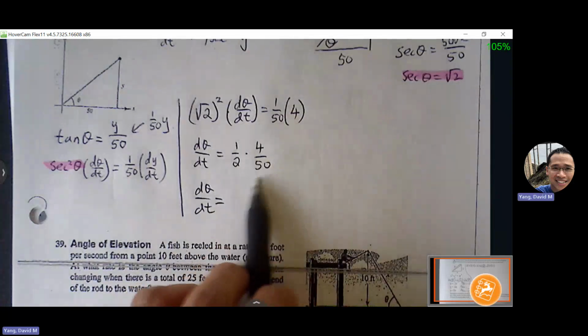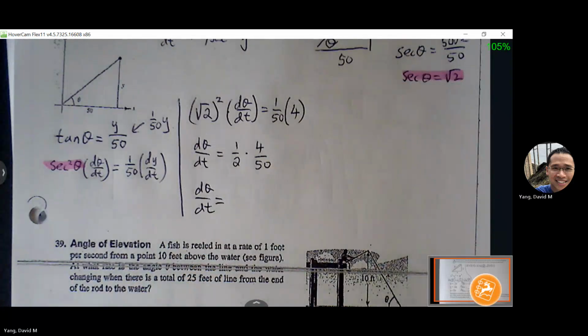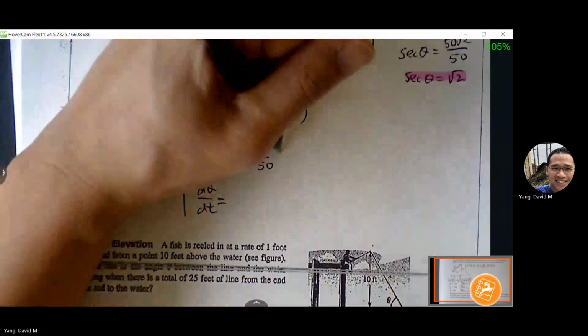Okay, reduce that even more. I get 2 over 50, which is the same thing as 1 over 20. Let's see here.